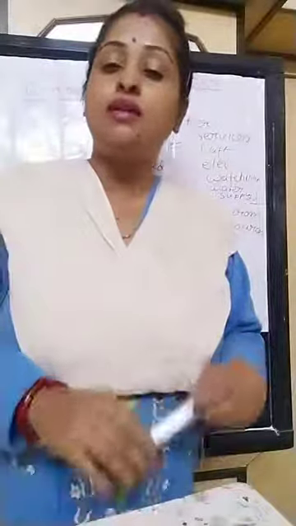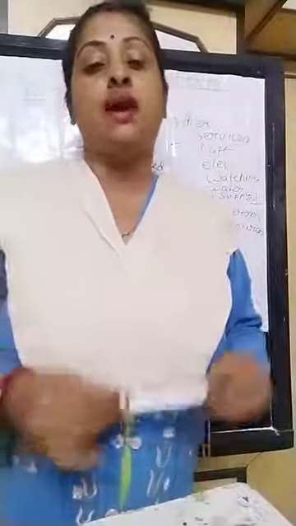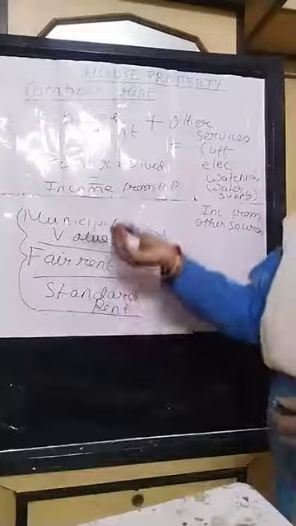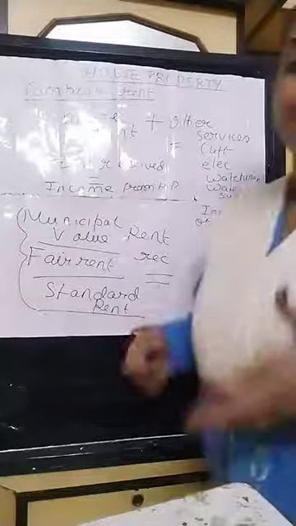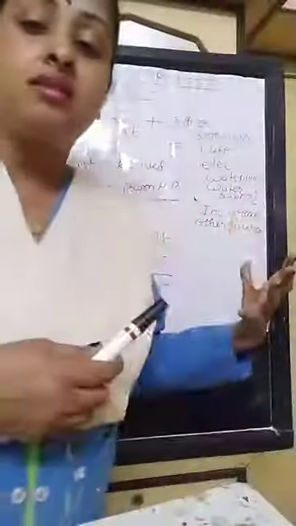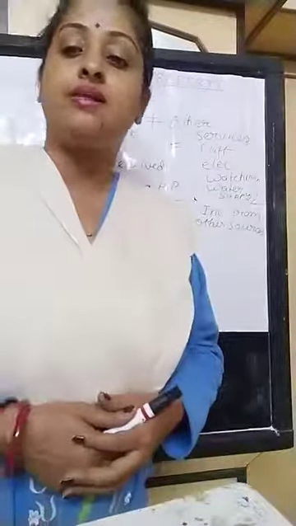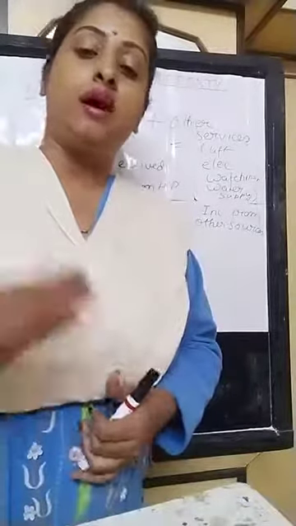To calculate the income to be taxed, we must know the annual value, and to know the annual value, we must know these 4 or 5 things. Among these, any one will be considered as the annual value. Which one will be considered, we will learn while doing the sum.